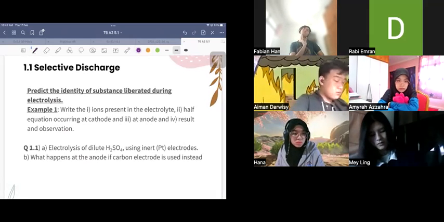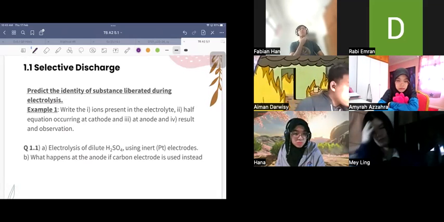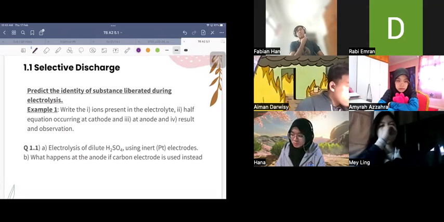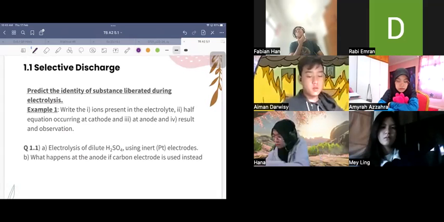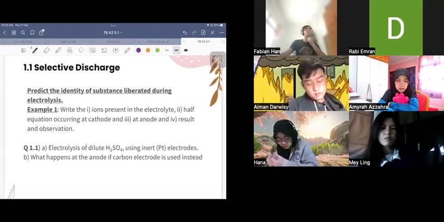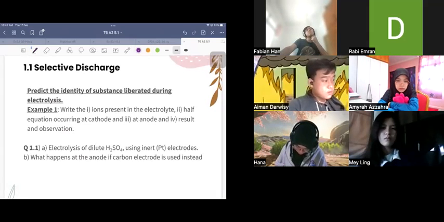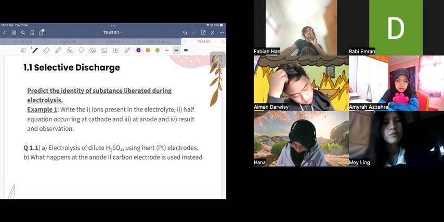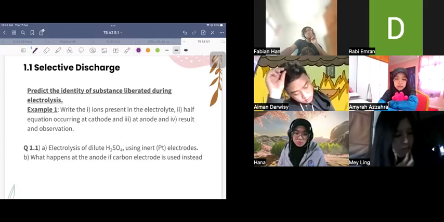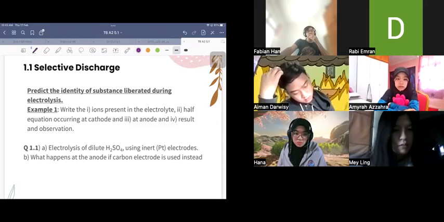So usually what I did just now, I list down the possible ions, both cations and anions in the electrolyte solution. And then you have to write down the half equation occurring at the cathode and the anode. And then you have to write down the observation.